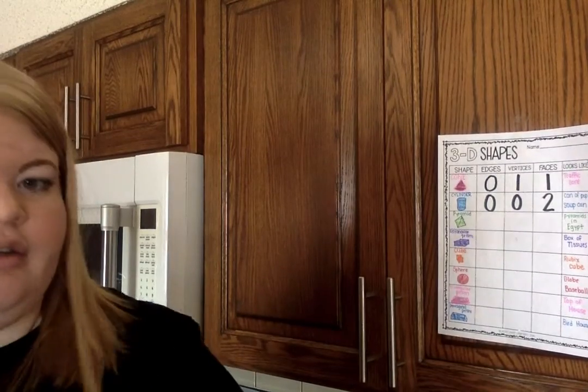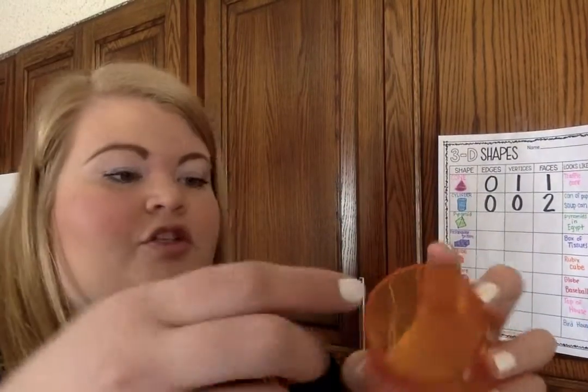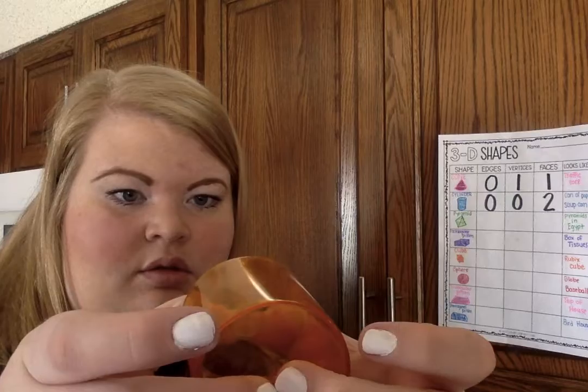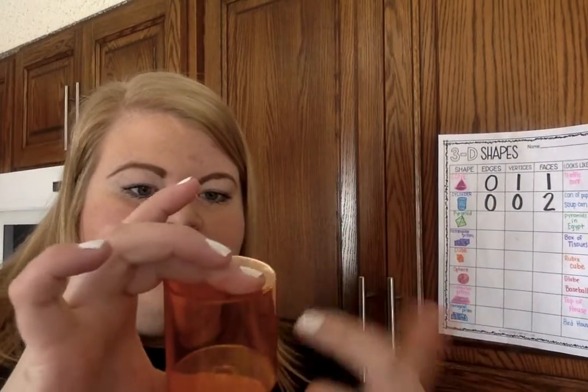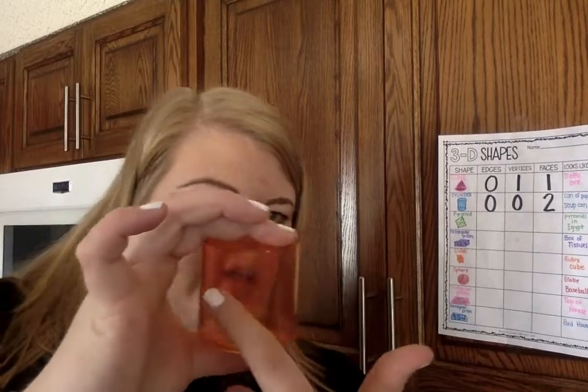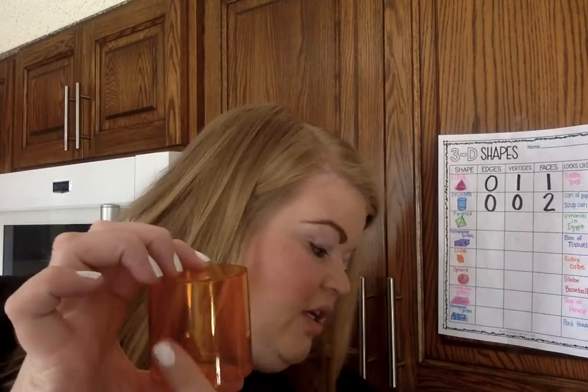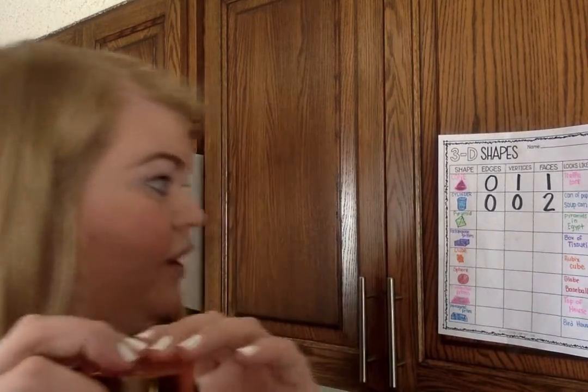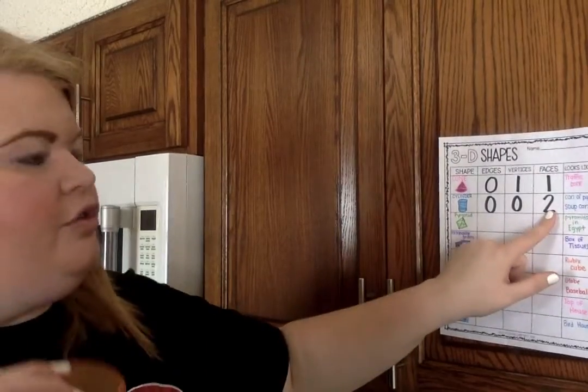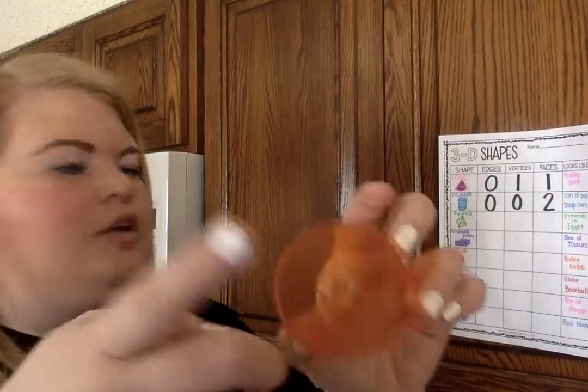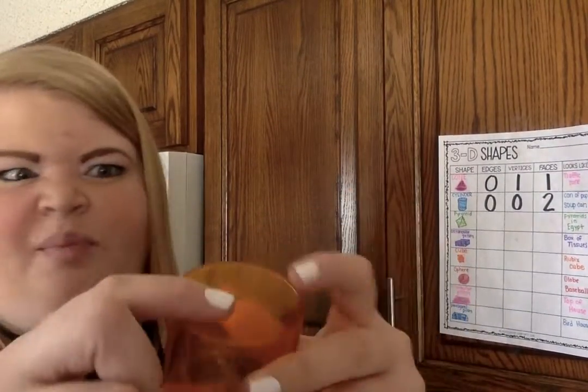A cylinder, which looks like a soup can, a pop can, has 2 faces. The circles on each side are the faces. This is not flat, so it's not a face. So it has 2 faces, 1, 2, but it doesn't have any pointy parts.